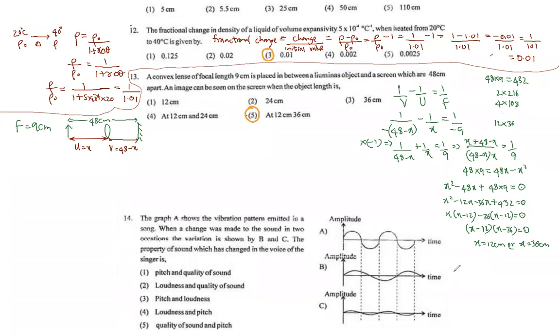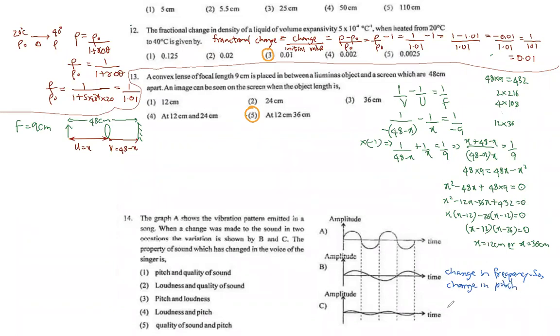So here there is a change in frequency, because for one wave there are two boxes, and here one wave for three boxes. So the frequency has actually reduced. Change in frequency means change in pitch.